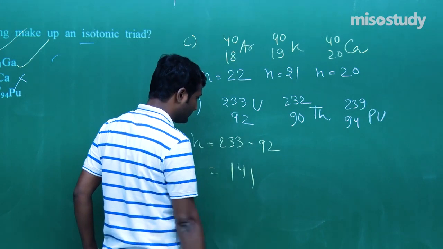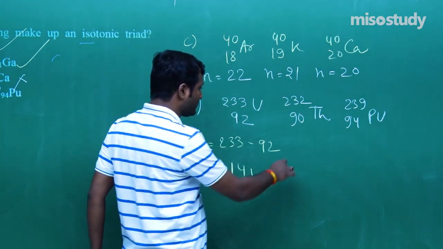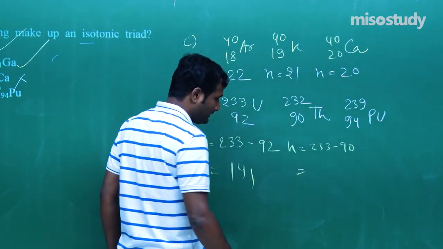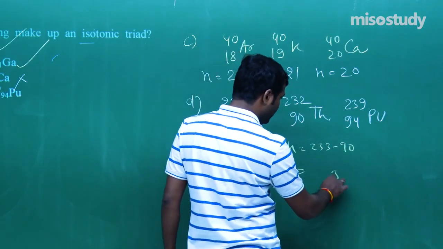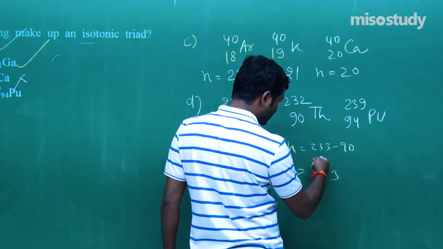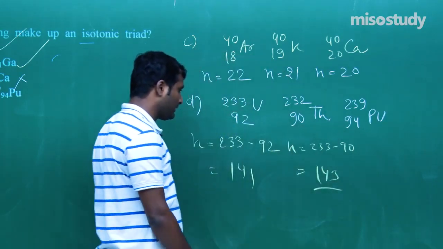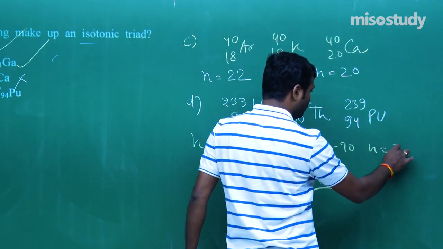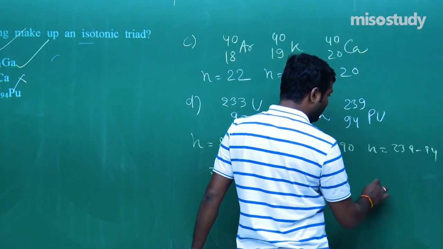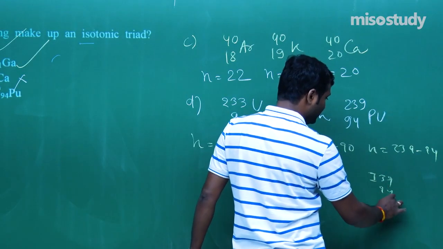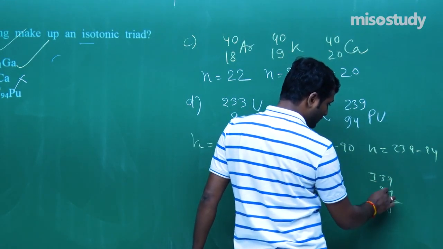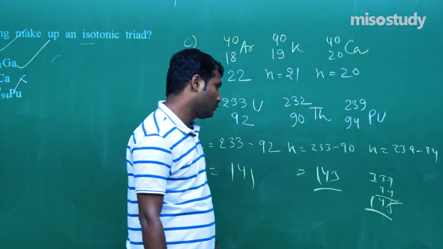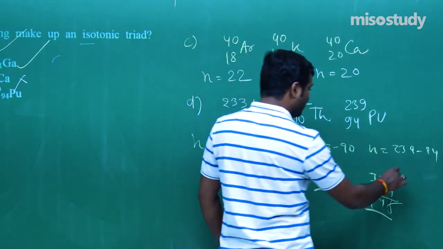For the second, 233 minus 90 is 143. In the third, 239 minus 94 is 145.